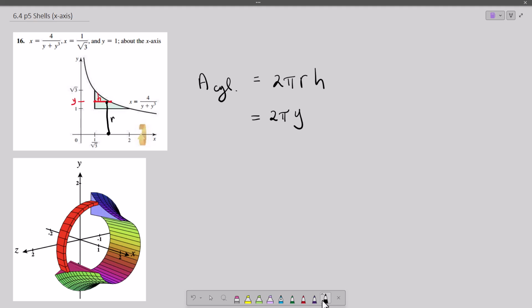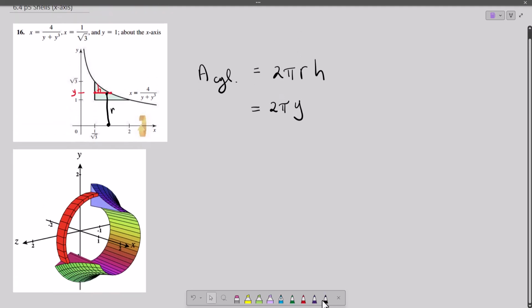Now h. h is horizontal. That means we need an x-coordinate on the right, an x-coordinate on the left. Take the difference. The x-coordinate on the right, it's the function. The x-coordinate on the left is this constant right down here, 1 divided by root 3.